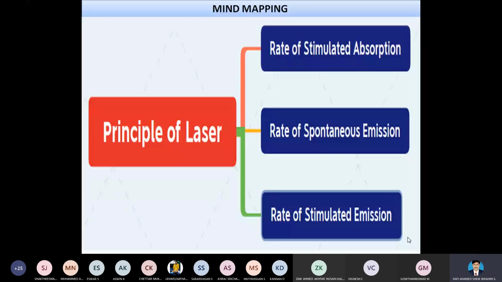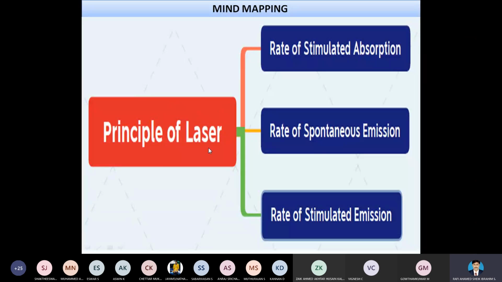Here in the principle of laser, we are going to consider the rate of stimulated absorption, rate of spontaneous emission, and the rate of stimulated emission. So here the principle of laser is explained.